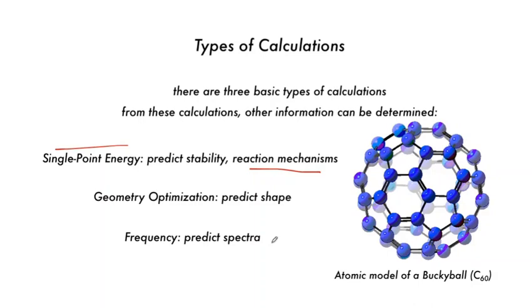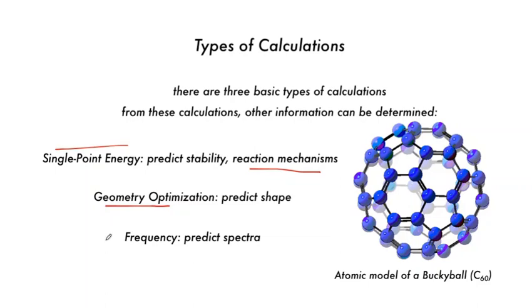So for example, say we had an experimental FTIR spectrum, and then we went ahead and calculated the structure of the molecule, say ethanol or something. And then from that optimized geometry, we calculated the FTIR of the ethanol.